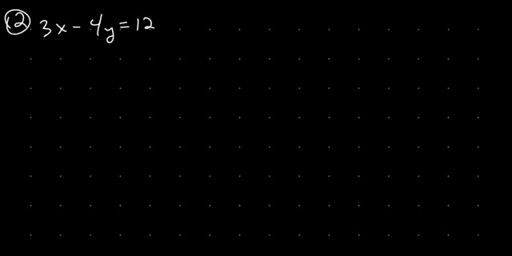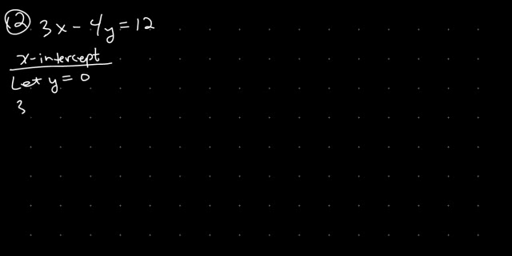So the first thing we want to do is find our x and y intercepts. We have to find 2 points. 2 points determine a line. So x-intercepts. So when we're finding our x-intercepts, we let y be 0, because on the x-intercept our y-coordinate is 0. It should make sense.